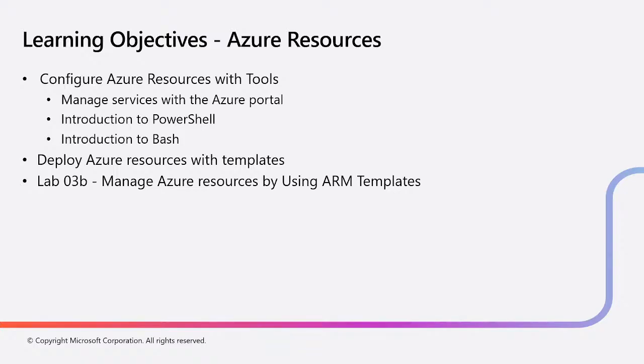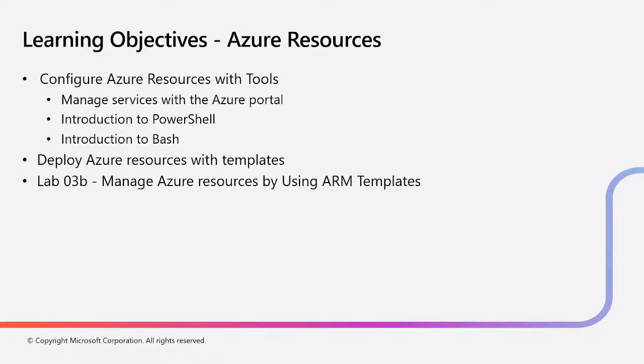But once we are done with the ARM template, maybe not really for this particular course, we are just going to talk about it. I think when we finally get to the DevOps class, we are going to go in depth. So for now, at least you understand the concept, and that is what this particular objective is for. So this is what we're going to be looking at today.